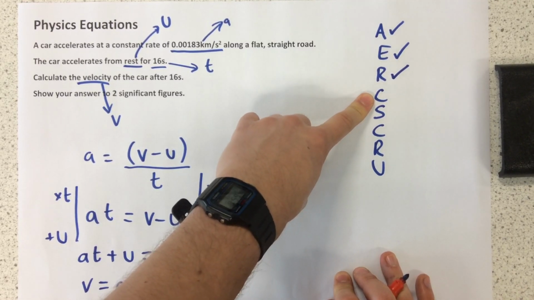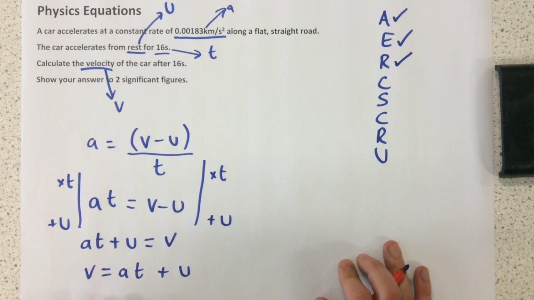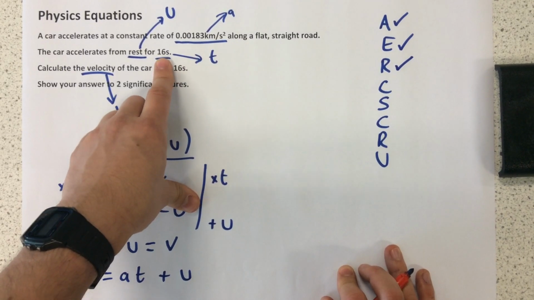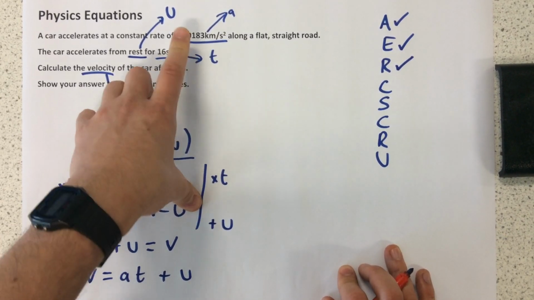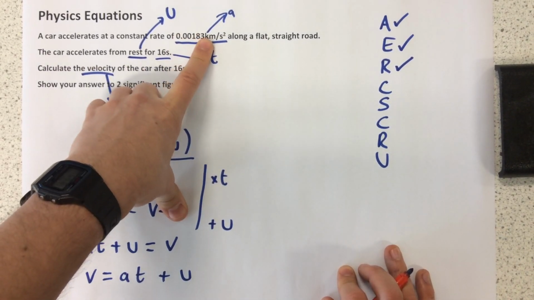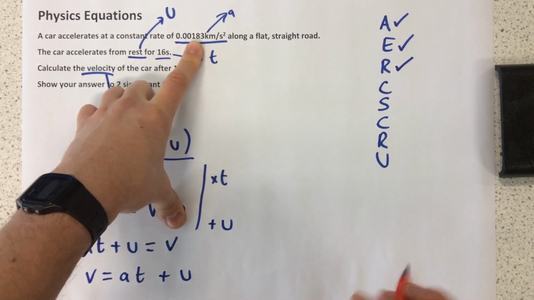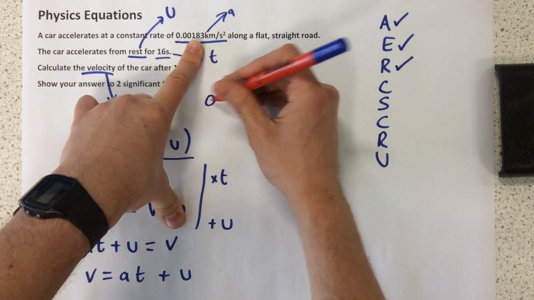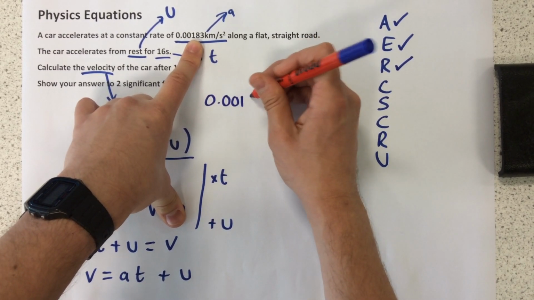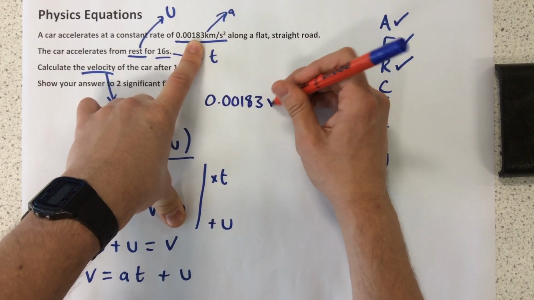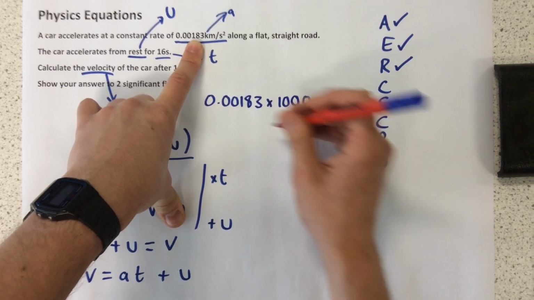Next, C, convert. What I need to do is go through the numbers that I've got and see if they need converting. This one here is in kilometers per second squared. I want it in meters per second squared. To get from kilometers to meters, I need to times it by 1,000.